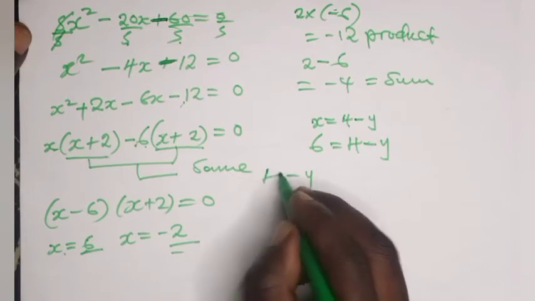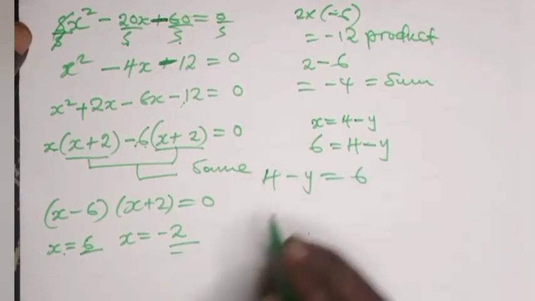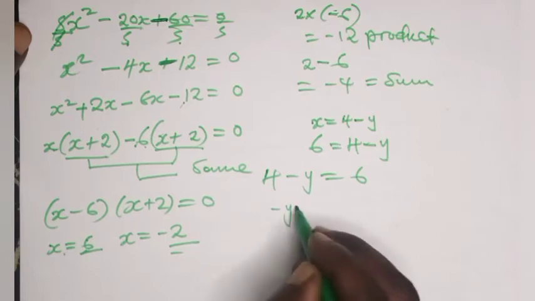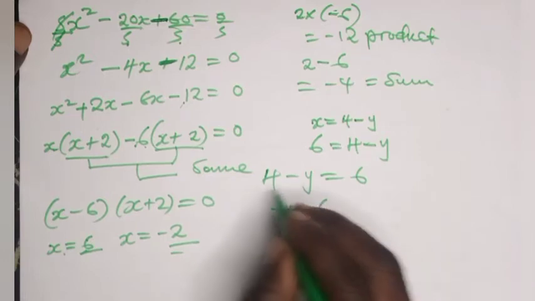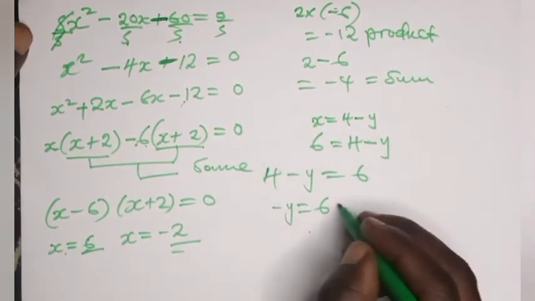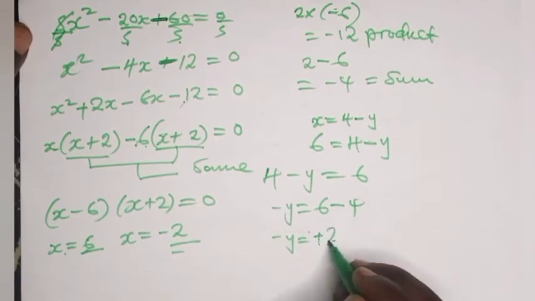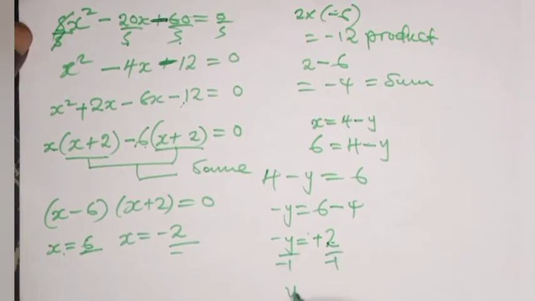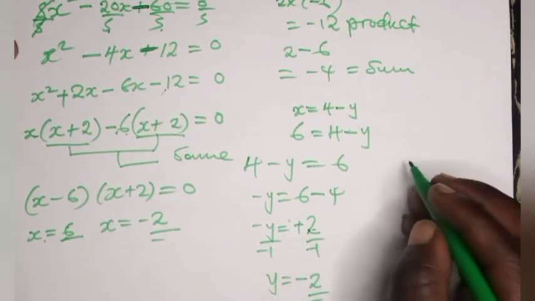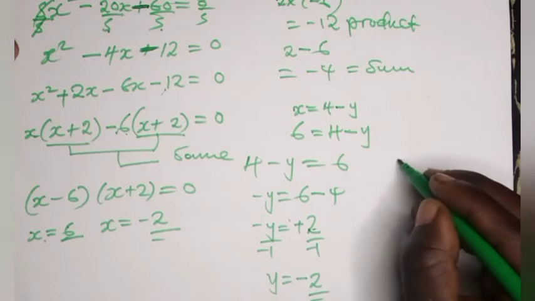When 4 crosses the equal sign, it will be minus 4. So minus y equals 2, divided by negative 1, it will be y equals minus 2.